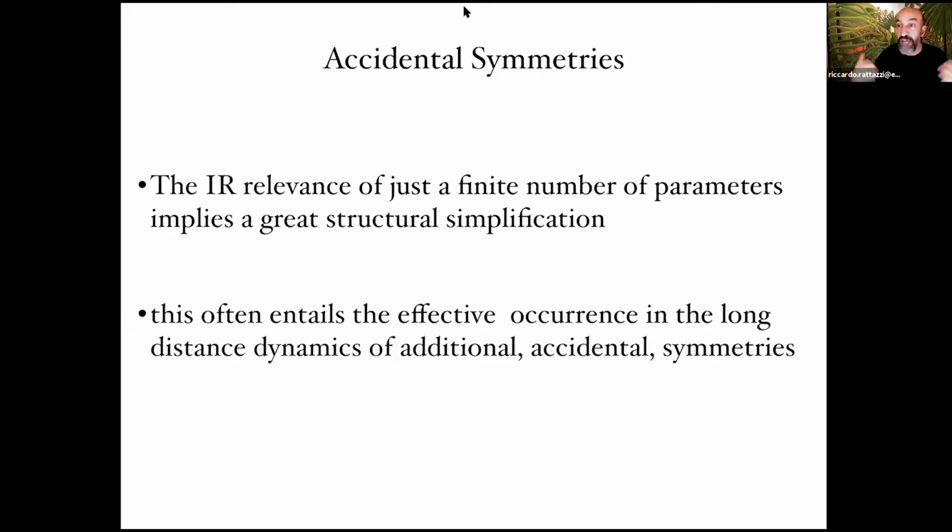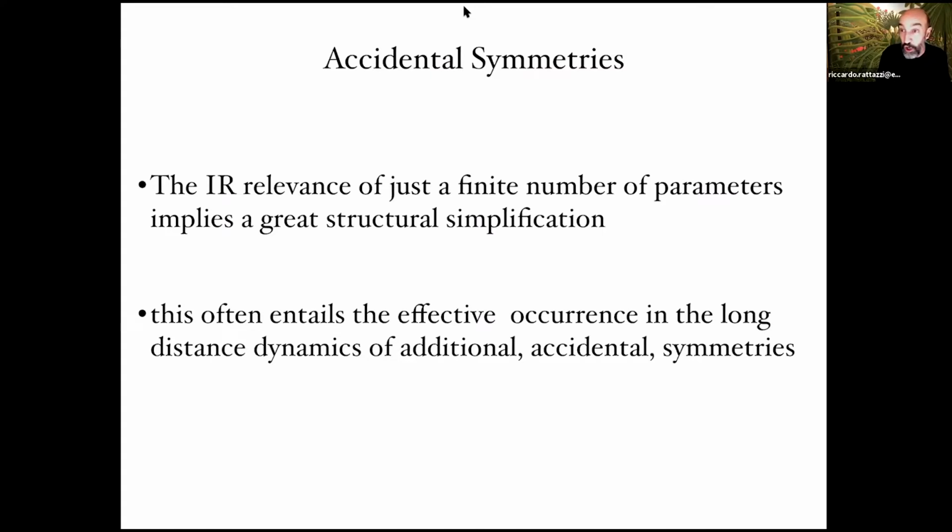So this reduction in the number of parameters that matter is clearly a great simplification. You have fewer parameters, so the dynamics is simpler. You have less freedom in what can happen. In fact, this simplicity, related to a small number of parameters, is often associated to a further phenomenon, which is the occurrence of accidental symmetries.